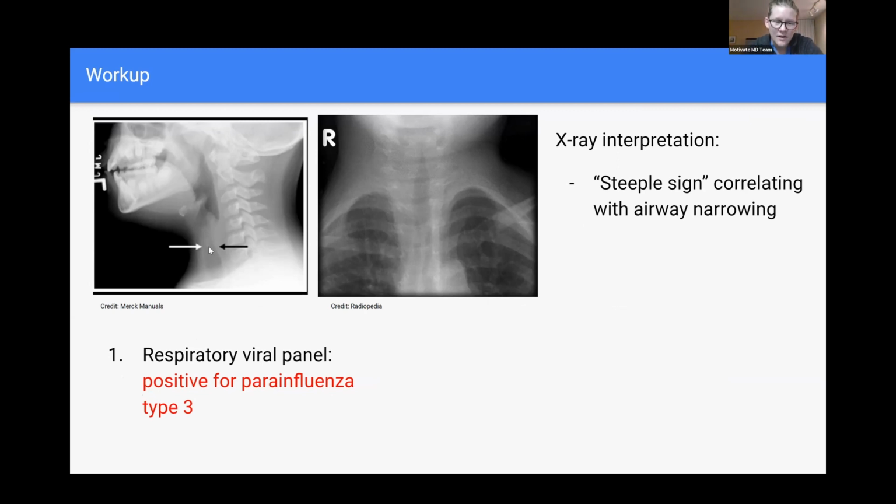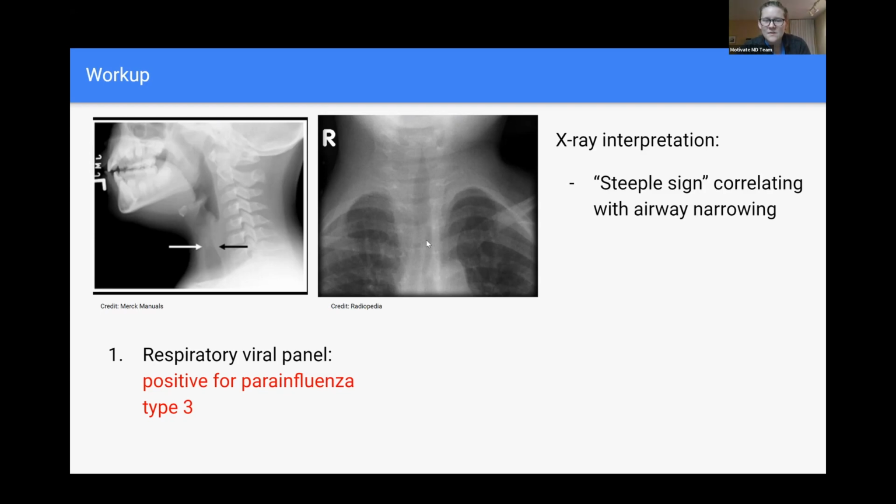And then the second view is them looking at you, so you're looking straight on. And that's why you can see both lungs and all of that. The thing here that we're looking at is something called a steeple sign. It's pointed out with the arrows, but I don't think that's really a great view of it. I think you can see it better in the second picture, which is the straight on view.